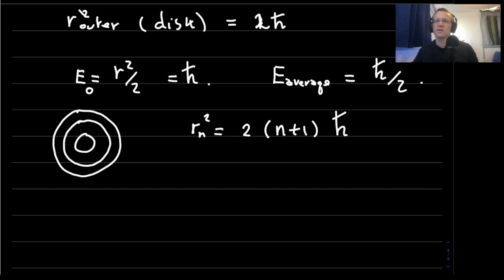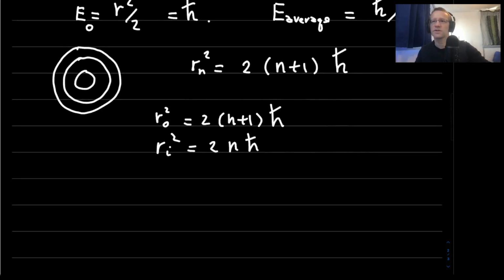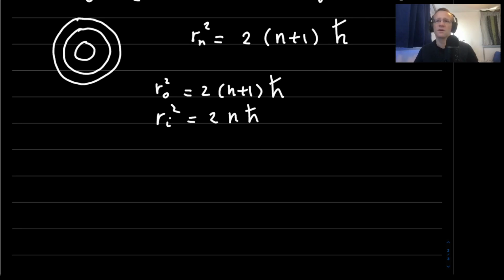So the outer radius square is 2 times n plus 1 h bar for the nth cell, while the inner radius square is 2 times n h bar, and the average radius square, which is twice the energy, will be twice n plus 1 half times h bar.